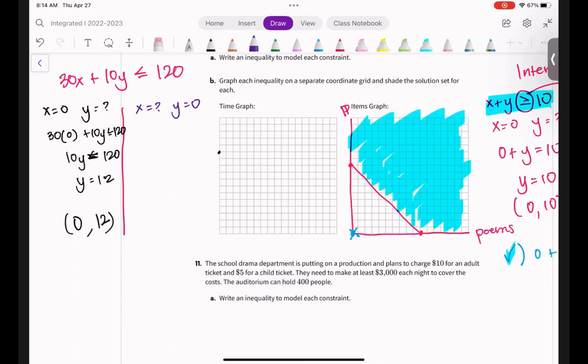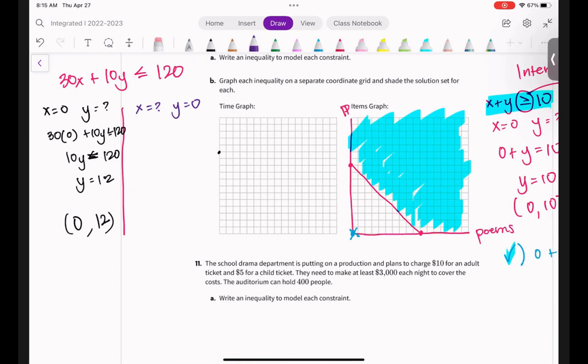Now solve it. You can say equal to. Yeah, exactly. So now graph that. Very good. All right, here we go.